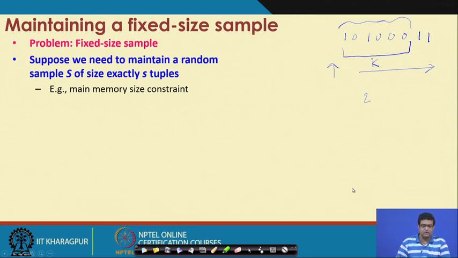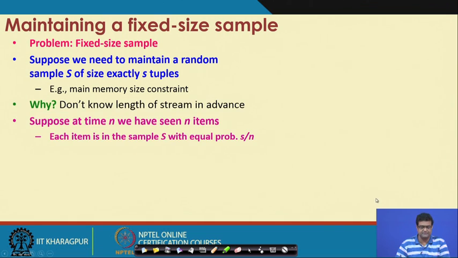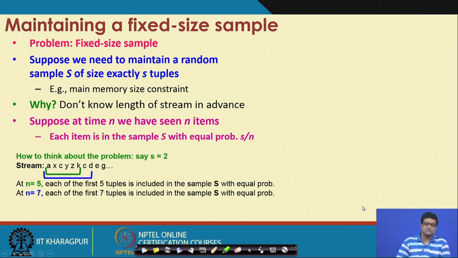Another important problem which we will discuss today is maintaining a fixed sample. What is the problem? Suppose we have a stream, a large stream, an infinite stream, let us say.